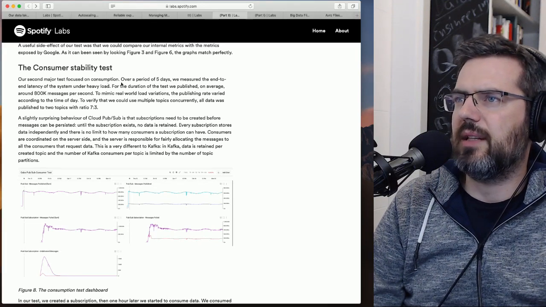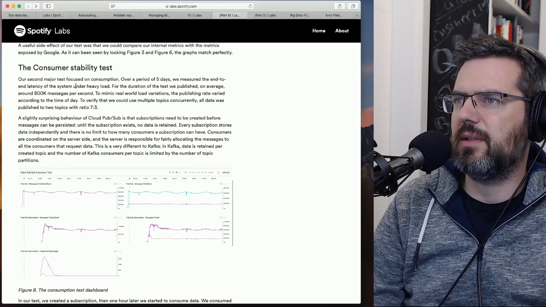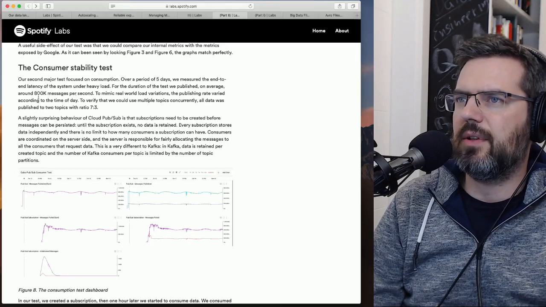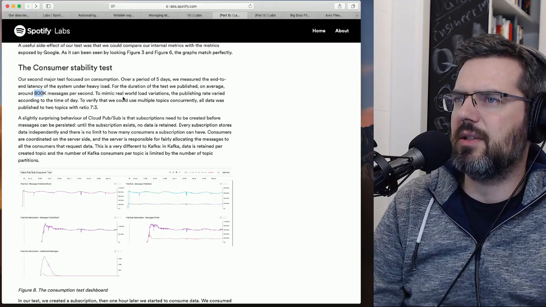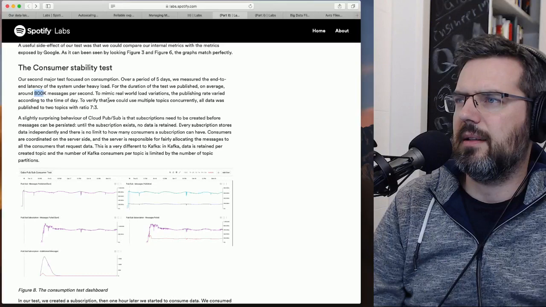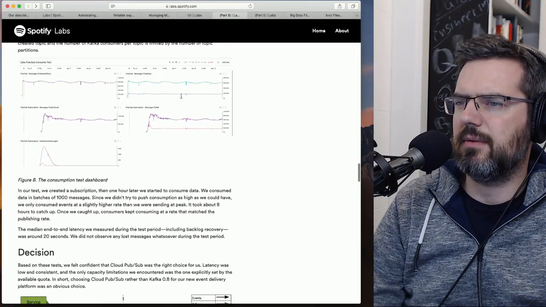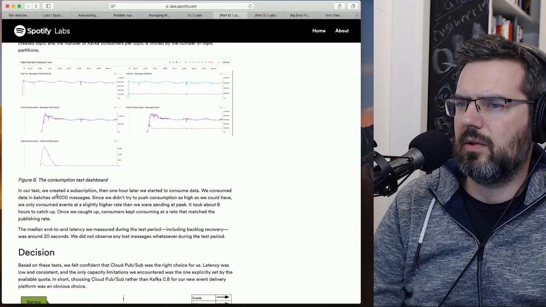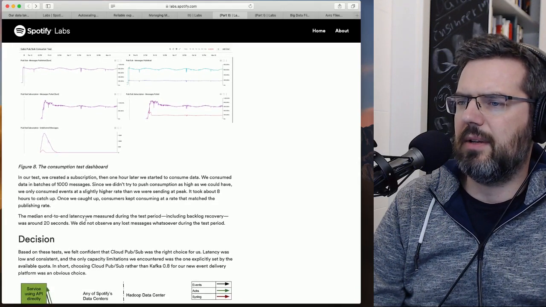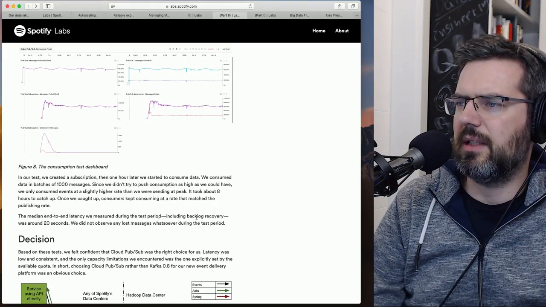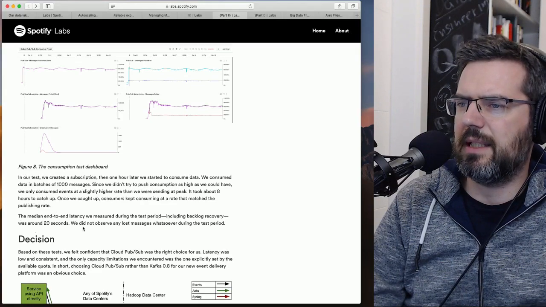Then they have measured end-to-end latency, which is also interesting. Yeah. On average, around 800,000 messages per second. And where is the result for that? The median end-to-end latency we measured during the test period, including backlog recovery, was around 20 seconds.